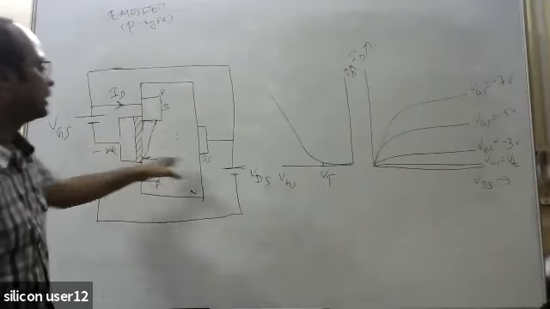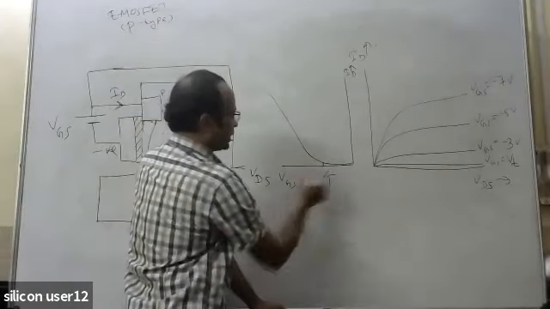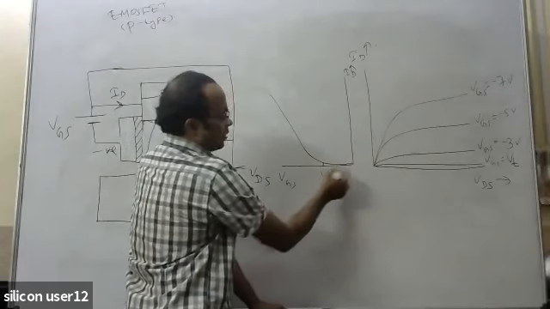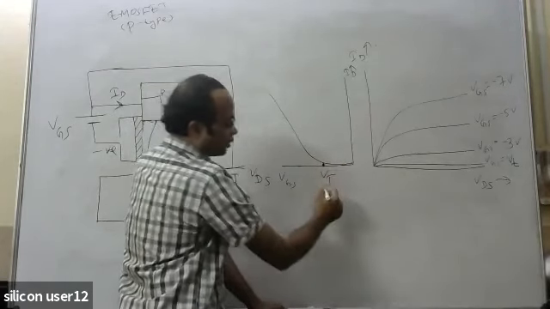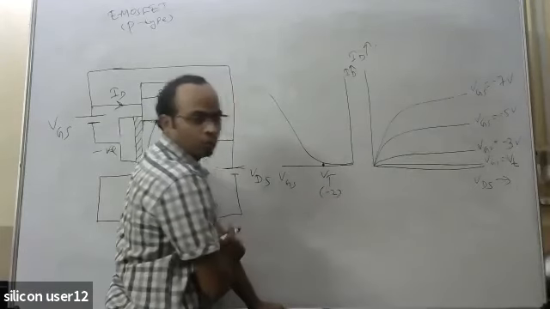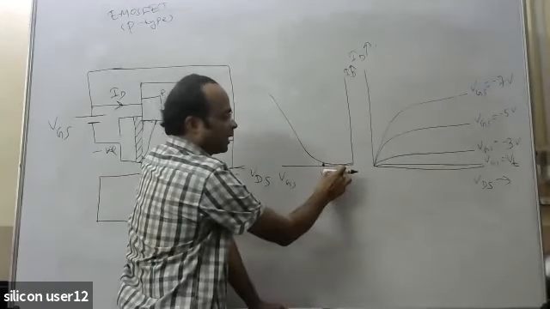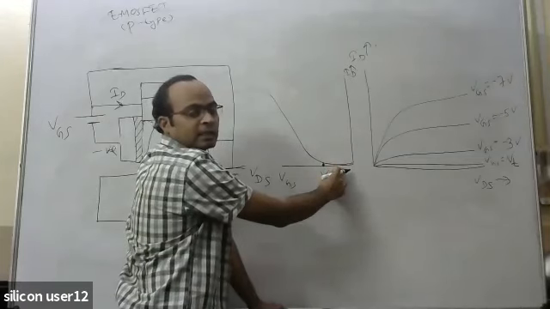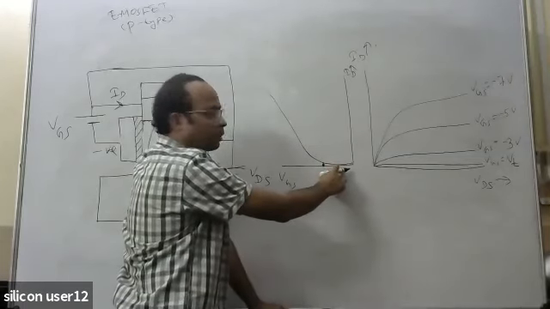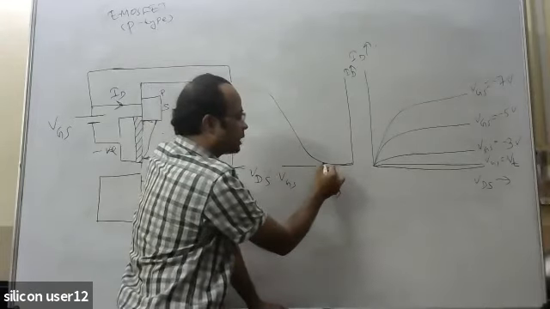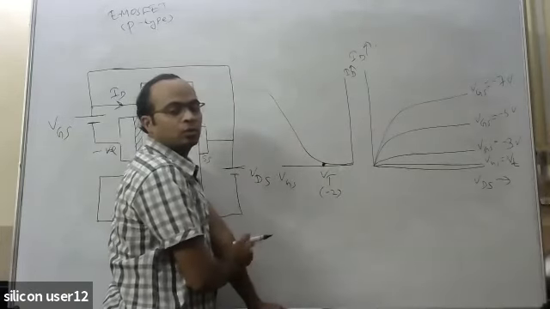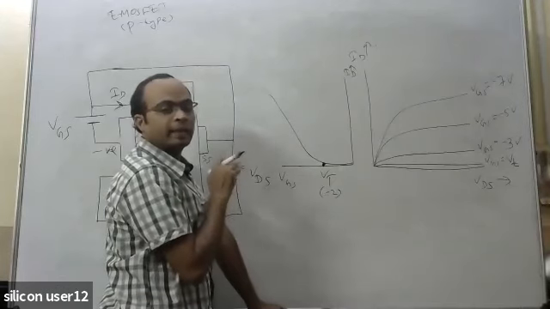So initially, when the VGS value applied is less negative than this threshold voltage, let's say this value is -2, if you are applying -1, then still the channel is not completely created. So the current will be 0, and when it reaches the threshold voltage of -2, at that time the channel will be just created.